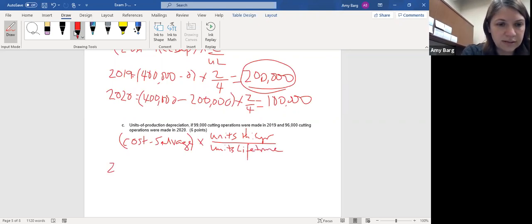So for 2019, the cost minus the salvage is 400,000 minus 40,000.